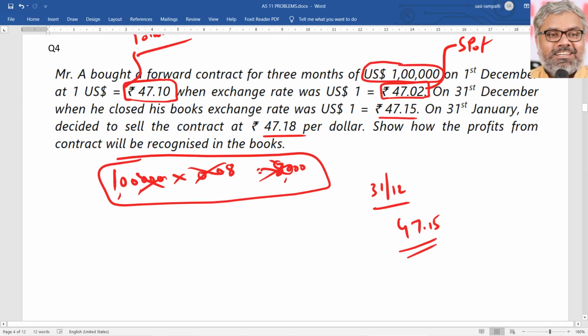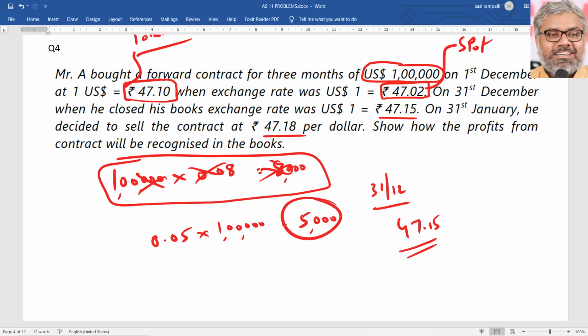Mark to market means we need to bring the value of this asset or investment, for him actually it is just an investment because it is for speculative purposes, to the market price. So he purchased the dollars at 47.1 and at the end of the year each dollar was 47.15. So how much is the gain here for him? 0.05 into 1 lakh. So naturally this 5,000 rupees should be recognized as profit.